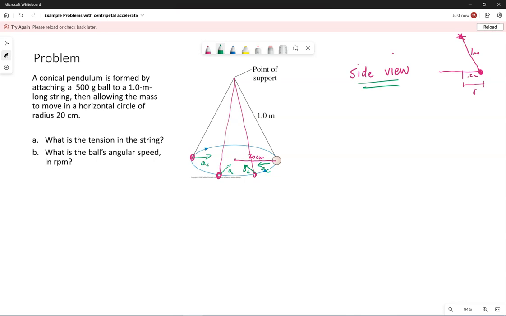At that moment, I know the tension points up and to the left towards the point of support. I know the force of gravity points straight downwards. The centripetal acceleration points to the left at this moment.